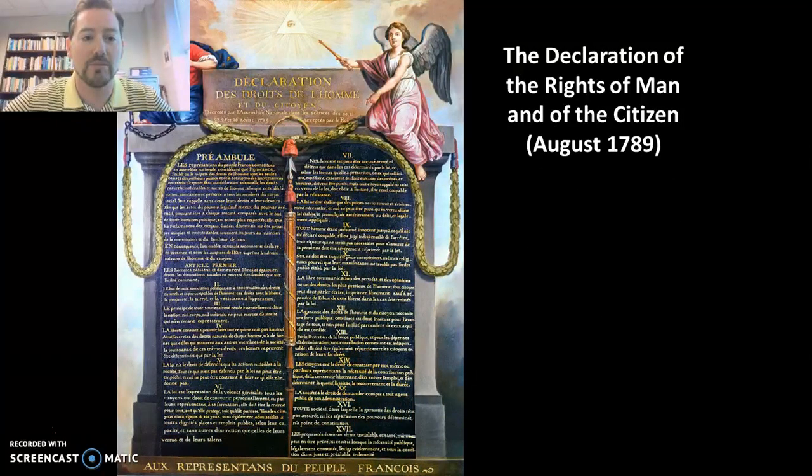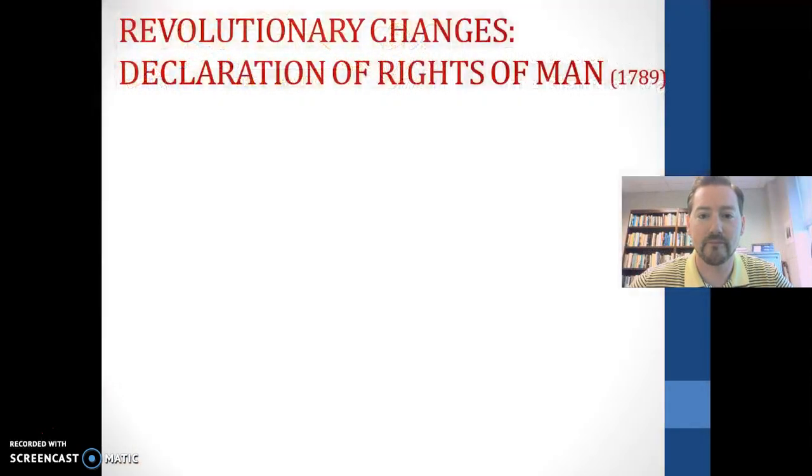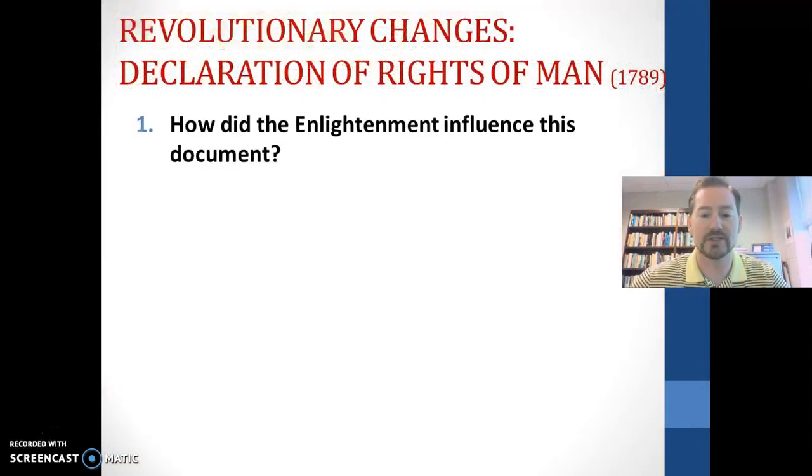This is the moment when the French create the Declaration of the Rights of Man and of the Citizen. I'll try to keep moving my head out of the way so you can see the full image, but this is a depiction of it. The different articles are listed there in French. When you look at a document like this, it's helpful to think about, how did the Enlightenment influence this document?